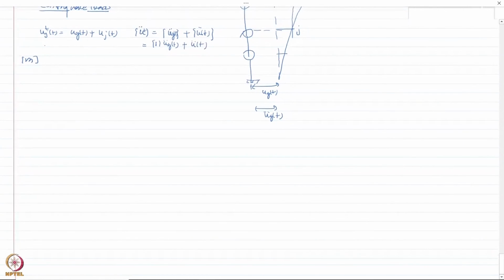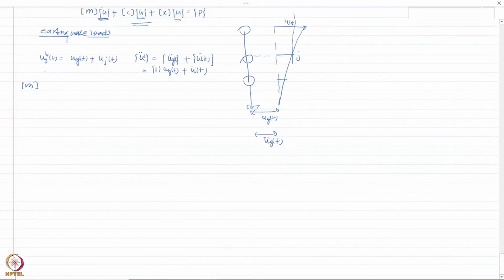Now if I substitute it, I would get the final expression as mass matrix times the relative acceleration vector, plus damping times relative velocity, plus stiffness times relative displacement, equal to minus m times 1 times the quantity ug double dot T here.